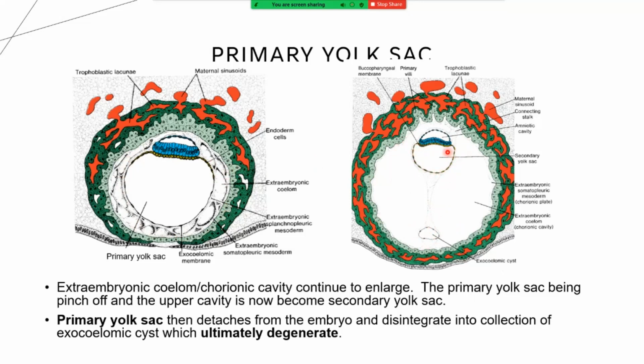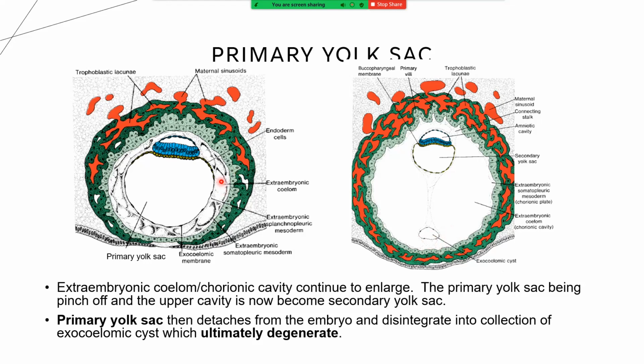The upper one becomes the secondary yolk sac, and the lower, smaller, minor one becomes the exocoelomic cyst. The primary yolk sac then detaches from the embryo and disintegrates into a collection of exocoelomic cysts, which ultimately degenerate. Later, they disappear.